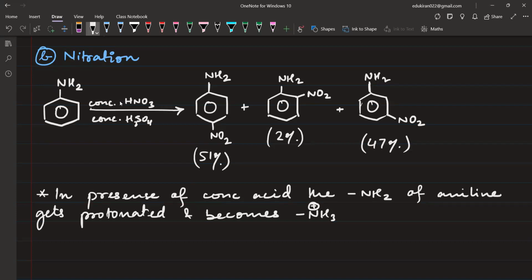And as it is having a positive charge on the atom that is attached to the benzene, it is having a positive charge. So it will be now deactivating and meta directing.